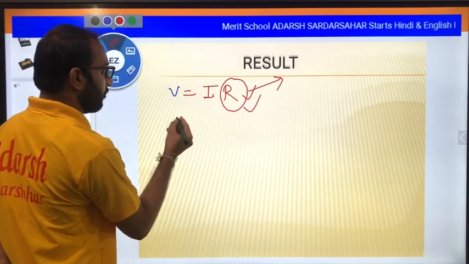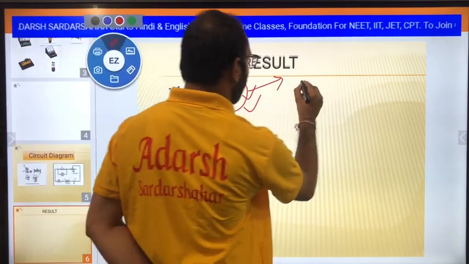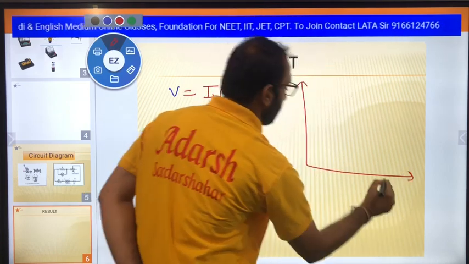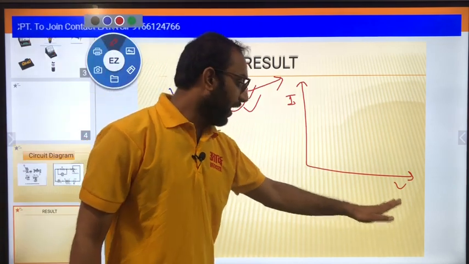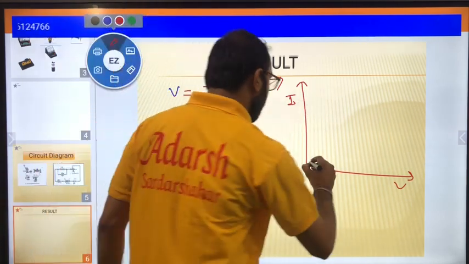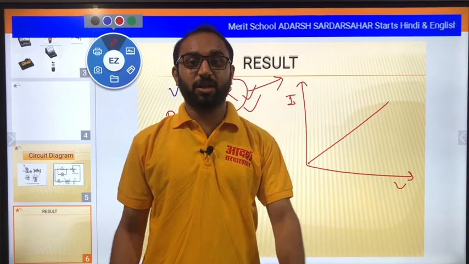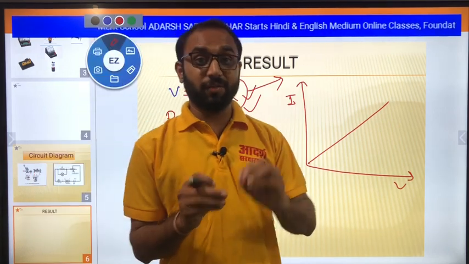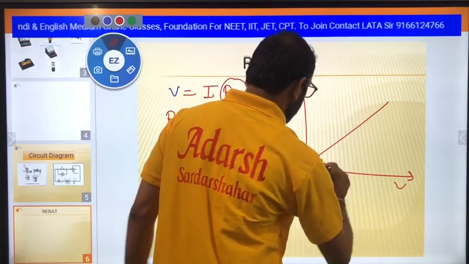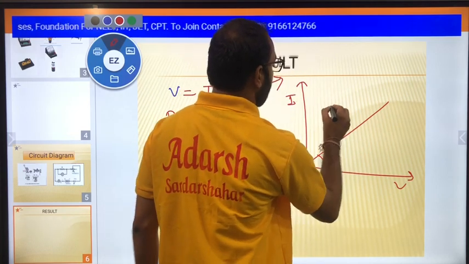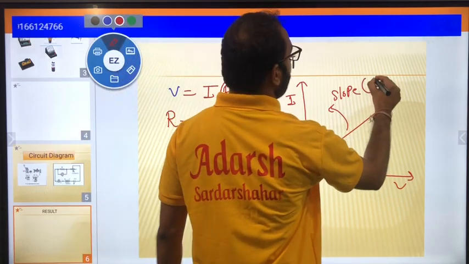From here we can find the value of R, the value of I, V upon I. And how did we represent it? We represented it graphically between V and I. When we take readings of I and V, the graph is always linear, when the terms and conditions are applied. What are the terms and conditions? Constant temperature, and no physical changes. What are the physical changes? Length, cross section area and nature of matter. Consider this angle to be theta, and this slope is represented through the resistance.